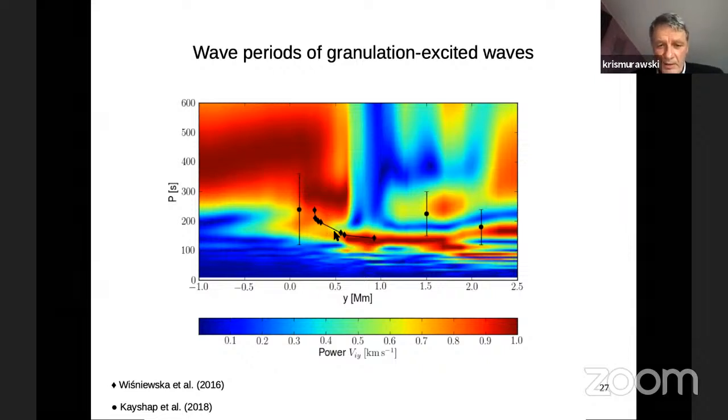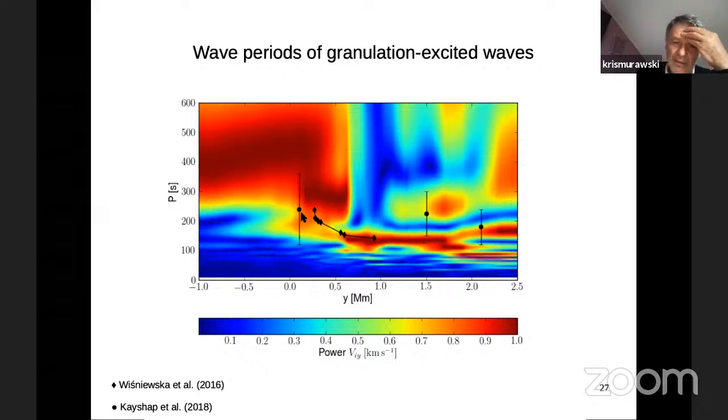But oscillations of 300 seconds are not able to propagate high up, they are evanescent. So we have to somehow transfer the energy to lower wave periods, which occupy the chromosphere and the corona.